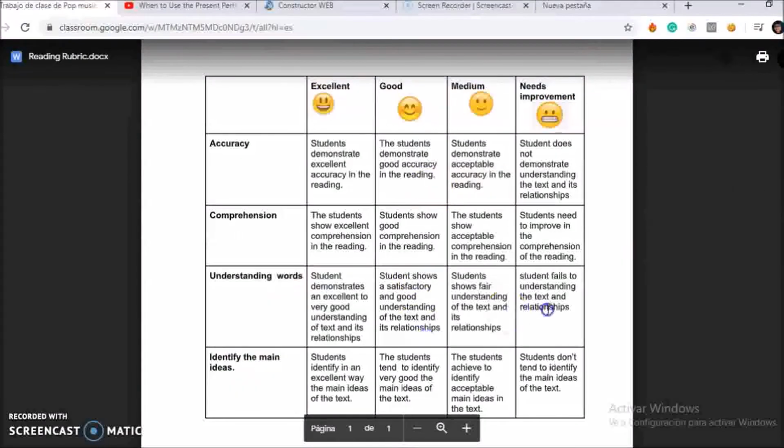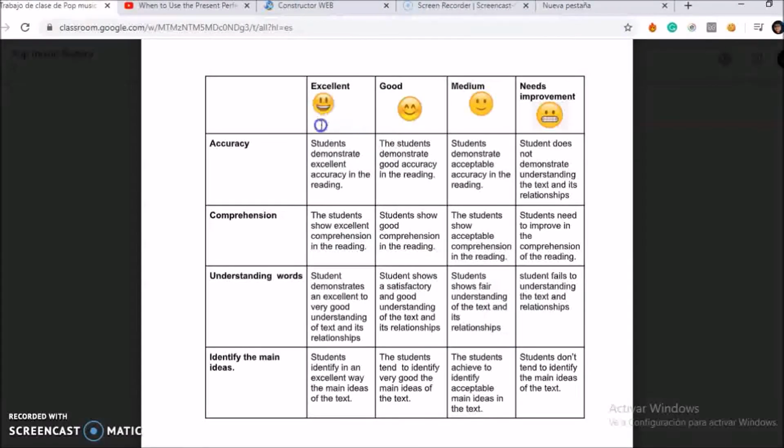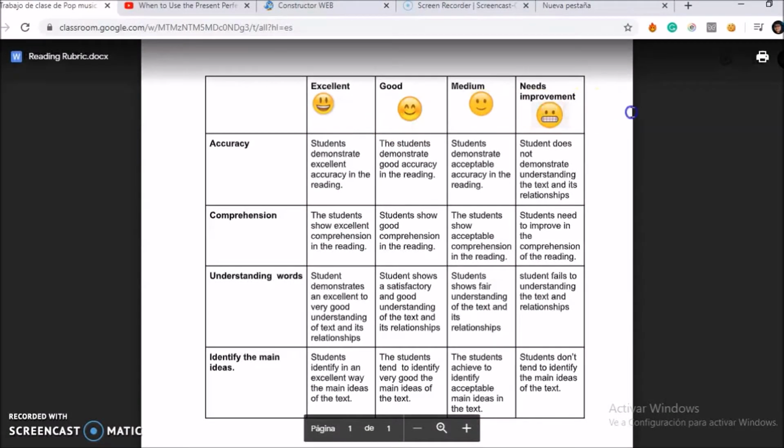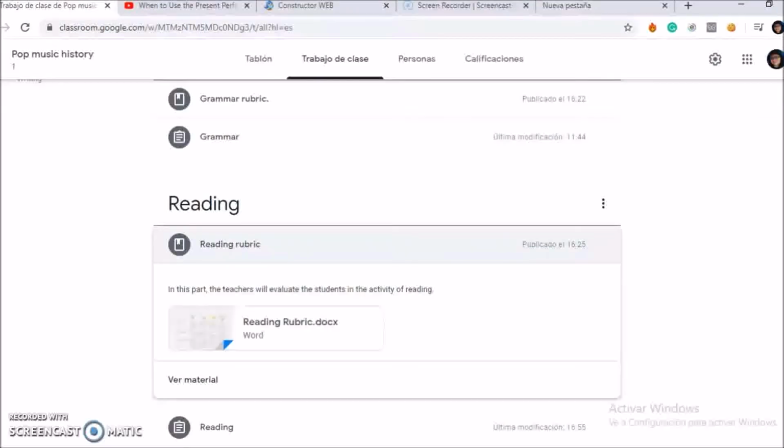This is the description of each item, and there is the same mode of evaluation like excellent, good, medium, and needs improvement. So this is very useful for teachers.